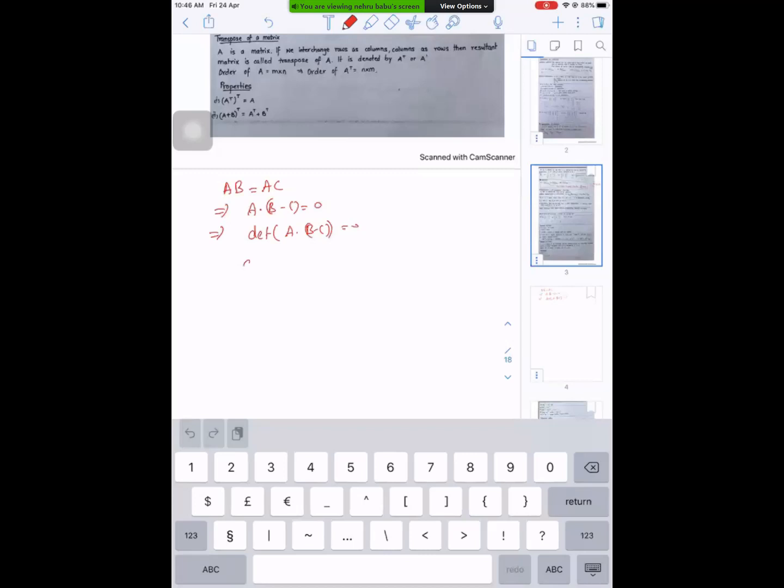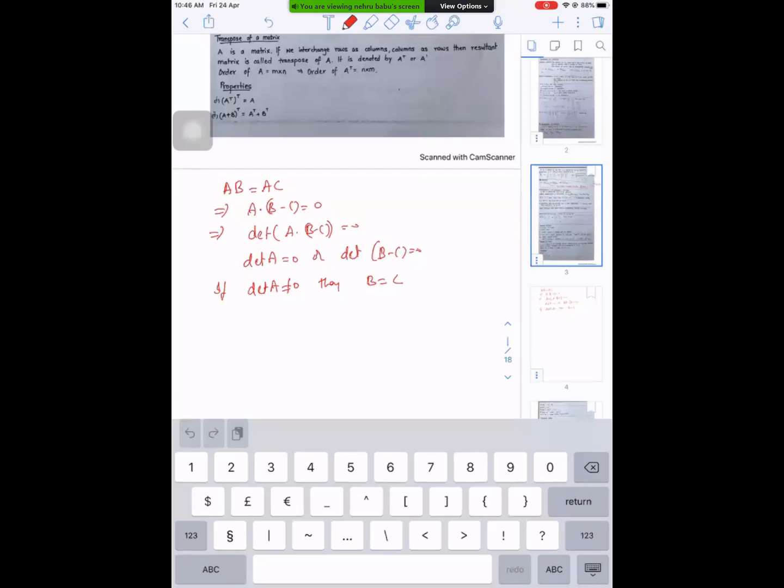So either det A equals 0 or det (B minus C) equals 0. If det A is not equal to 0, then multiply both sides with A inverse, and you will get B equal to C. So B equal to C is possible only when det A is not equal to 0.